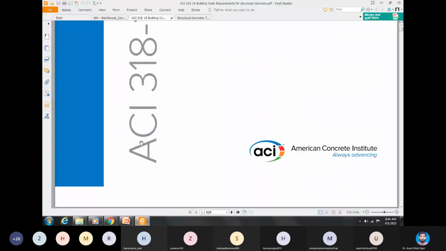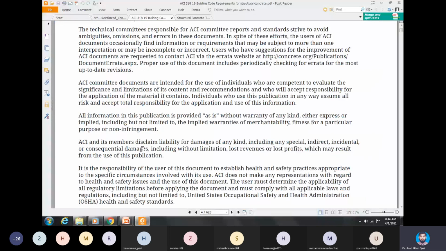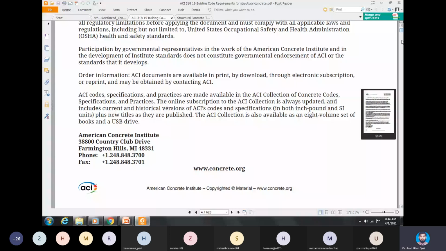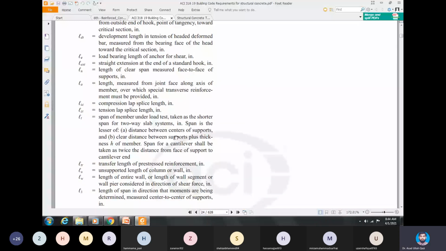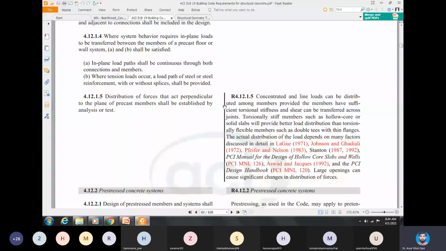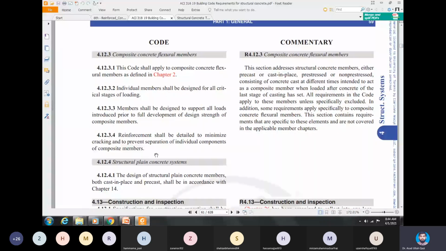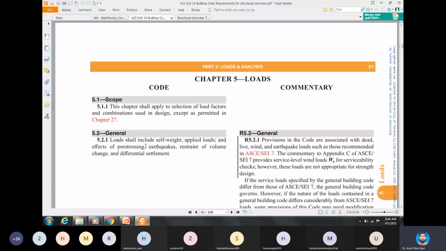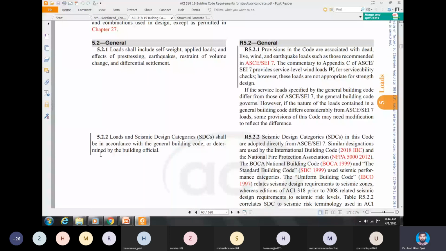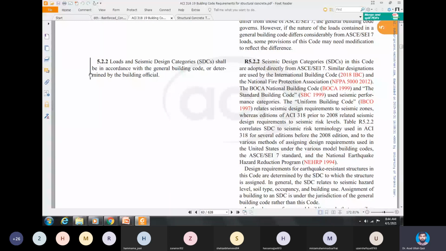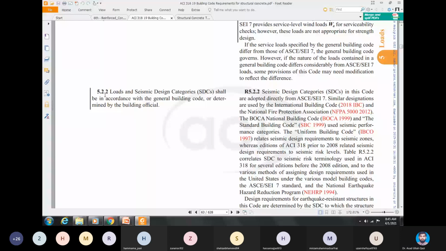Let me just explain that when you are reading a code, if you find that along the text there are solid bold vertical lines present along the text, so these lines actually indicate that changes have been made here in comparison with previous publication, like this. 5.2.2 in ACI 2014 will be different in some aspects to ACI 5.2.2 2019.